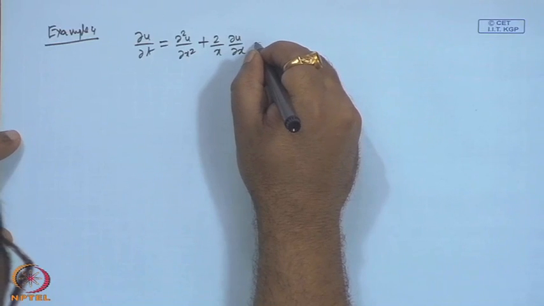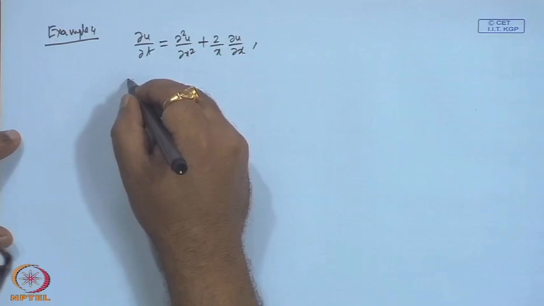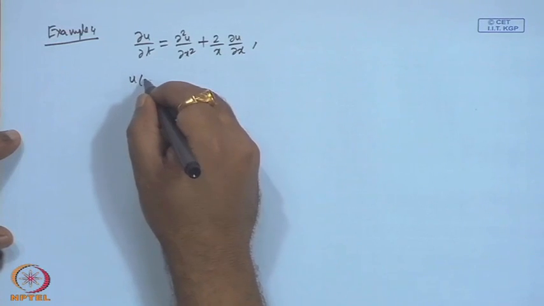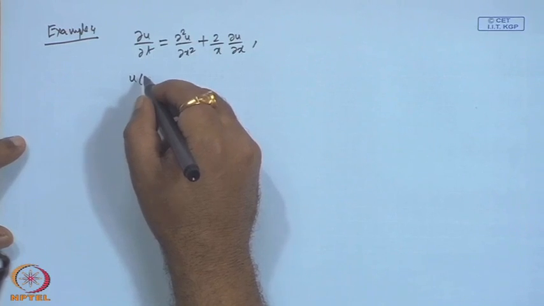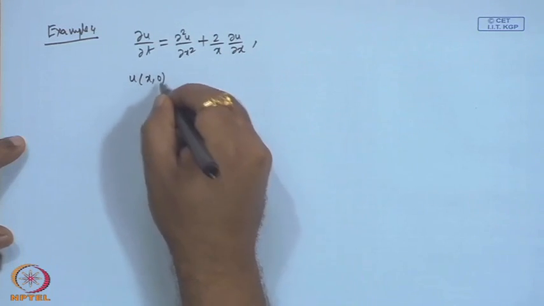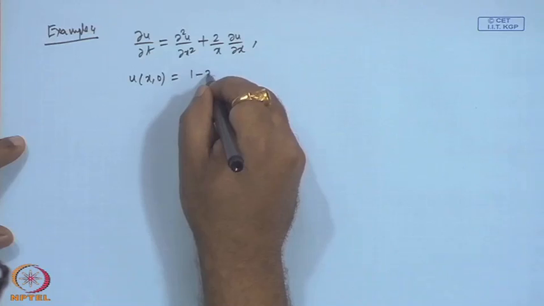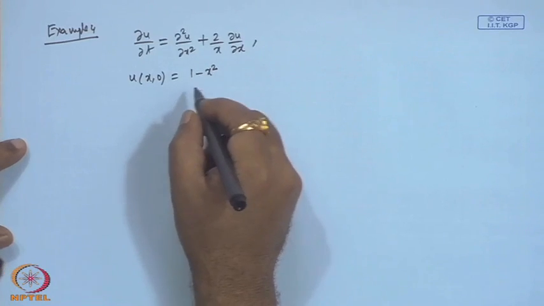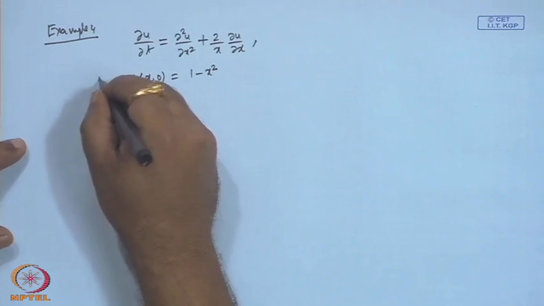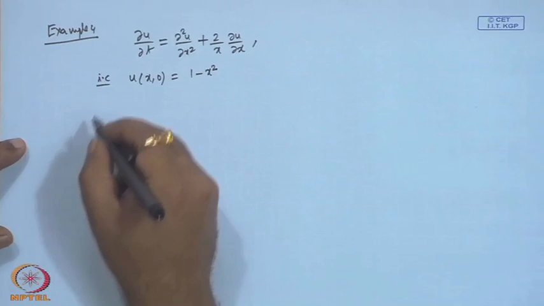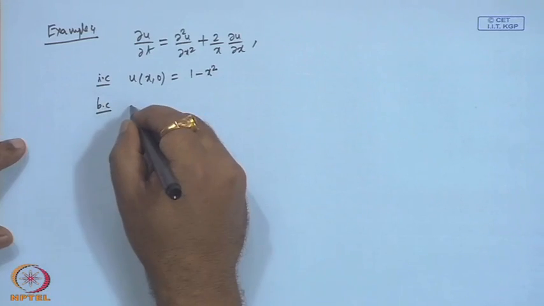So, this is our equation. So, this is the initial condition and boundary condition.